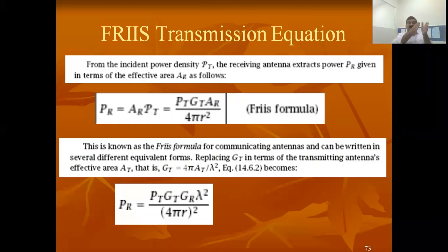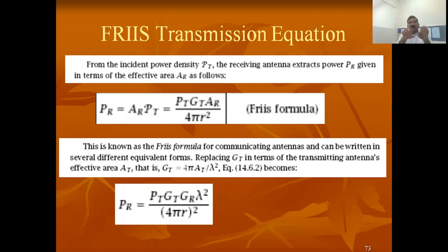For a shorter distance, you will receive larger power, because suppose the distance is 1, so you will receive power divided by 1. For 2 meters, 2 square is 4, so it is reduced by 4 times. For 3 meters, 3 square is 9, so you will receive 9 times less compared to 1 meter.